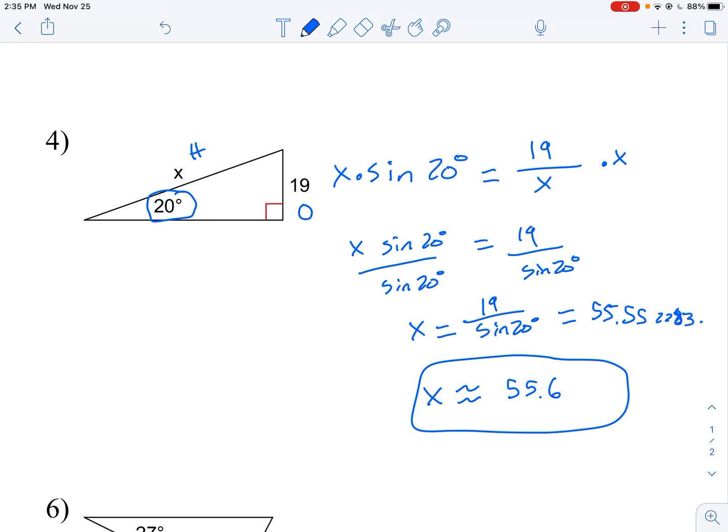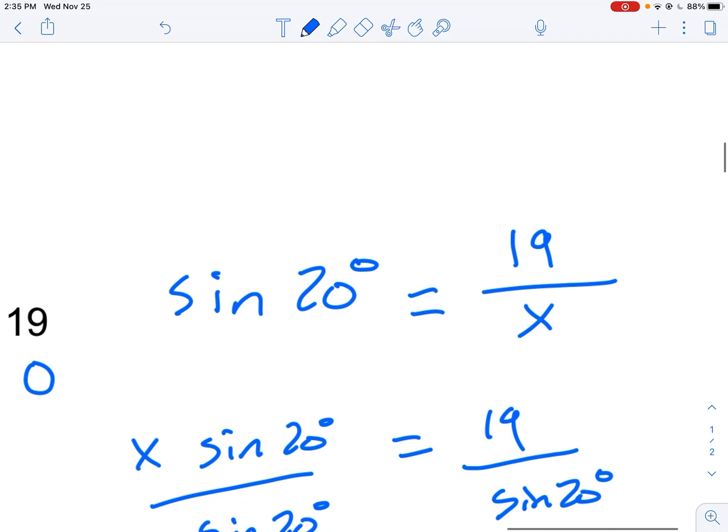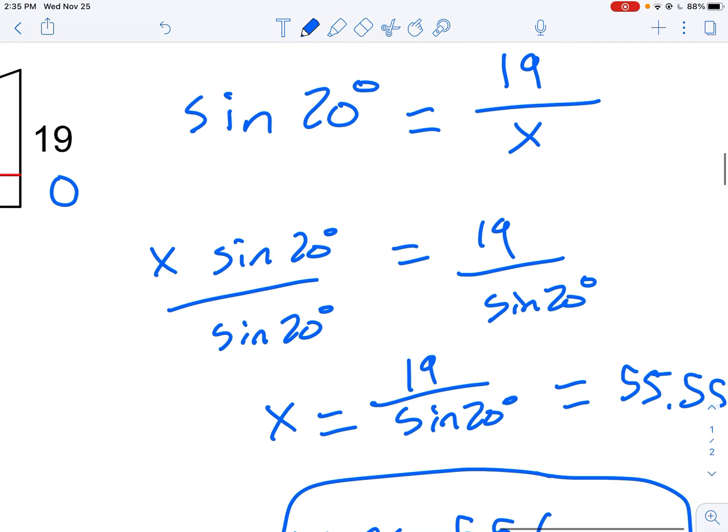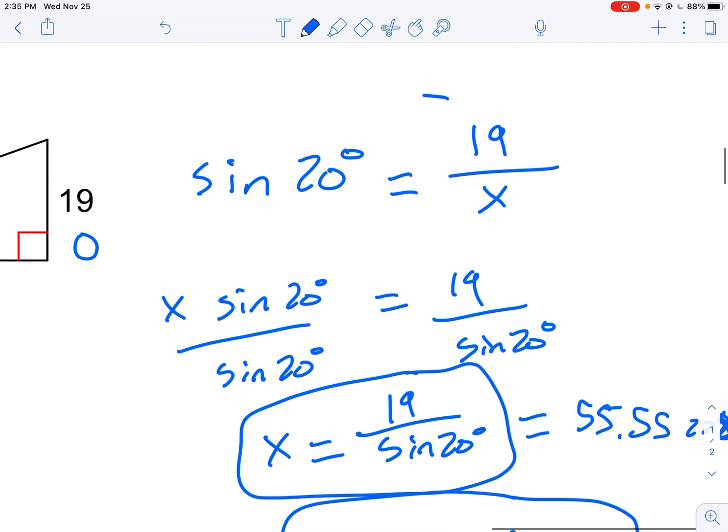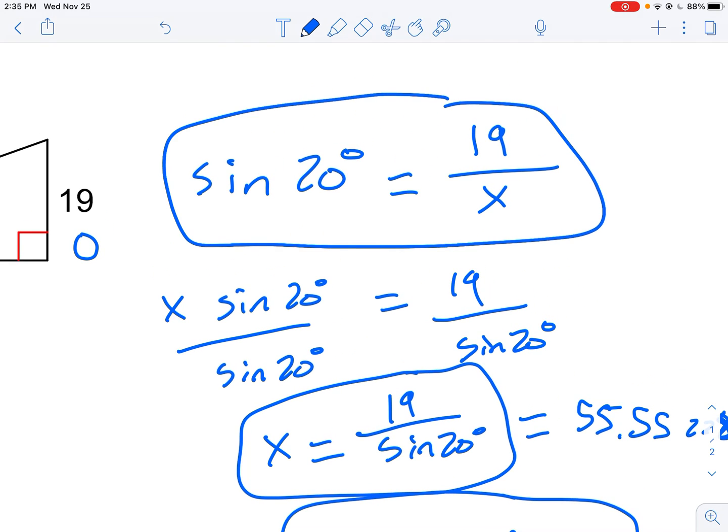There is one handy little pattern I want to mention before we finish off this video. If we look here at where we started and what we ended up putting in, we got x equals 19 over sine of 20, and originally it was sine of 20 equals 19 over x. Well, there's a handy little pattern you can use: if you're trying to solve for this, you can just switch places here.